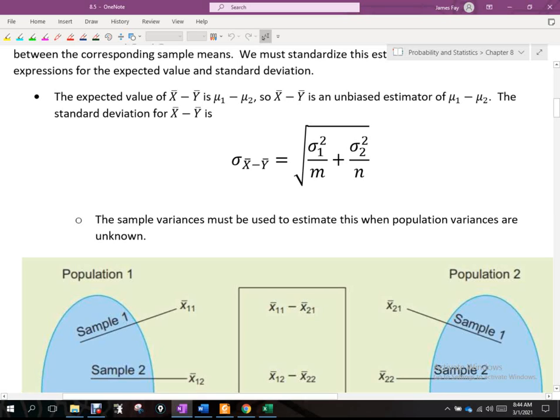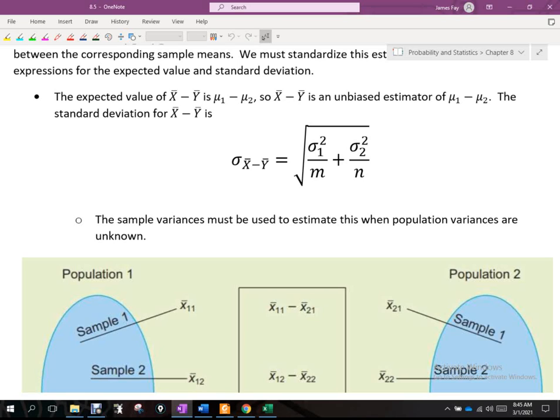So the M is how big the sample was for that first subpopulation. So if we're comparing these two classes, first and seventh period, maybe M is the size of first period, about 21 of us in here, and N would be the size of seventh period. It's how big my samples are.